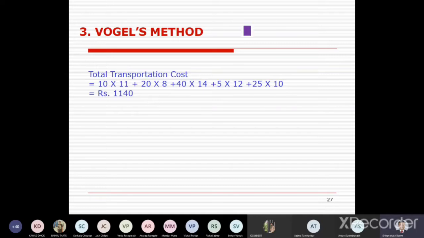So here, between Vogel's approximation method and the least cost method or minimum cost method: in Vogel's approximation method, we have to calculate the penalties and then allocate the units.